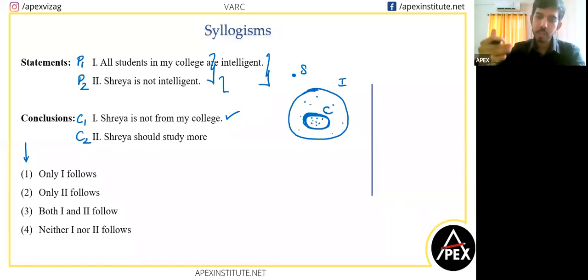So the author has commented upon intelligence level, not how to improve it. So Shreya should study more is something that is outside the scope for us. This is not a valid statement, so our answer becomes 1. Only 1 follows. So based on these two premises, you could judge that Shreya is not from your college. This is a conclusion that you can draw.